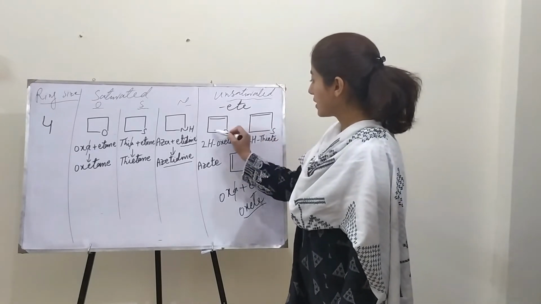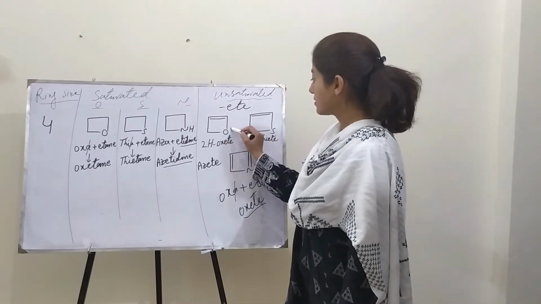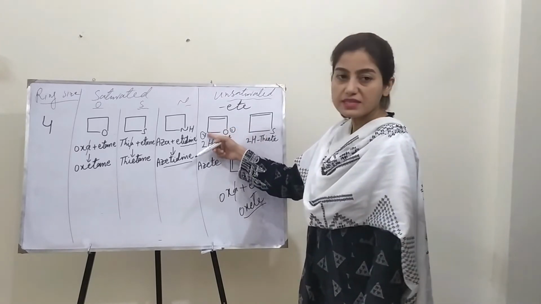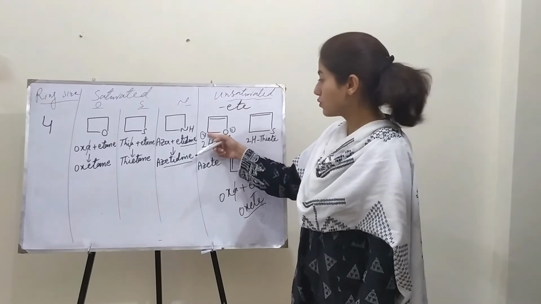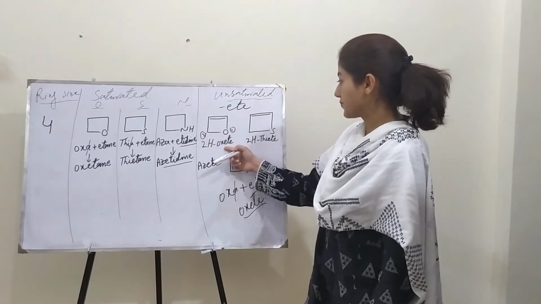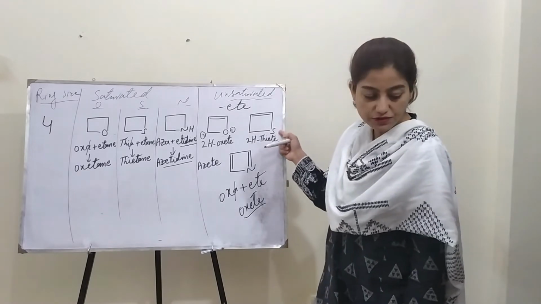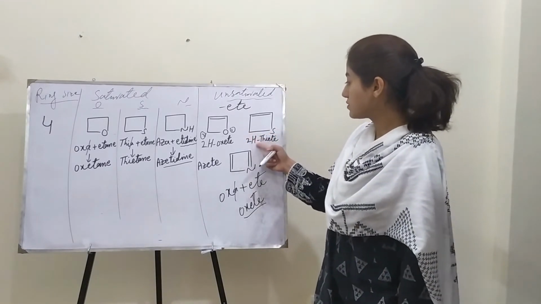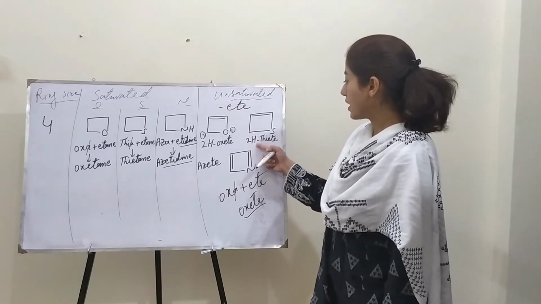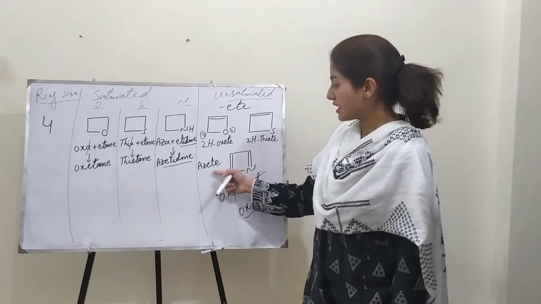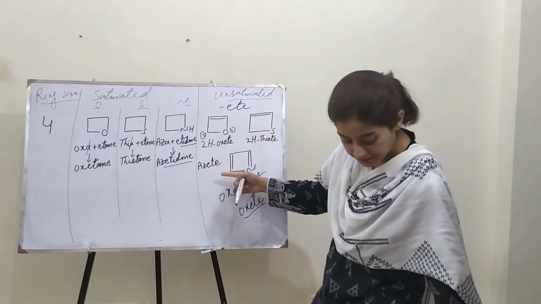But as here 1 and 2, this is the 1 position and this is the 2, so at 2 position, this one is the saturated position. So we name it like 2H-oxete. Similarly, in the case of sulfur, as this 2 position is saturated, we name it like 2H-thiete. And in the case of nitrogen, that is azete.